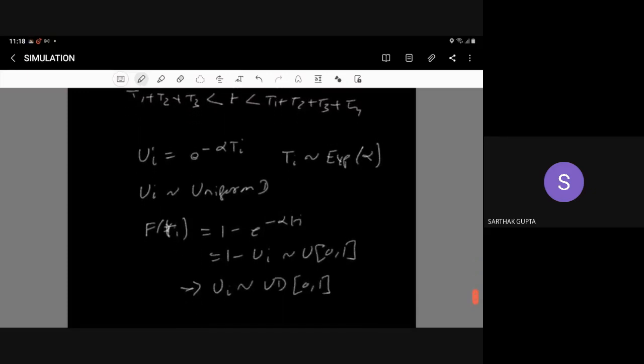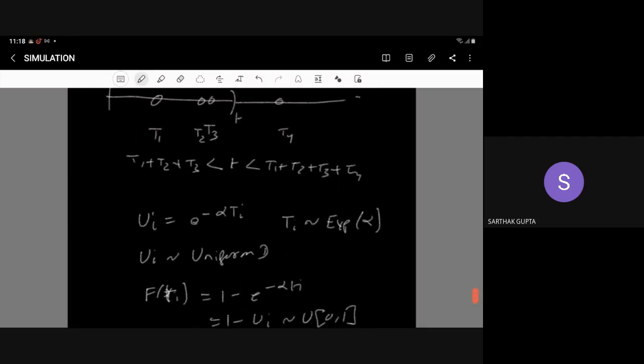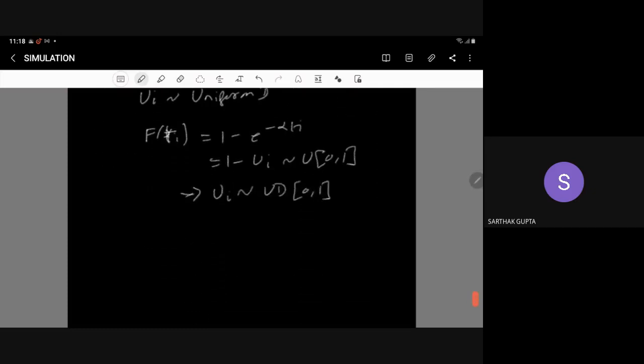Now, if you multiply this by minus alpha, what will it give you? Minus alpha t1 plus minus alpha t2 minus and so on, minus alpha tx.